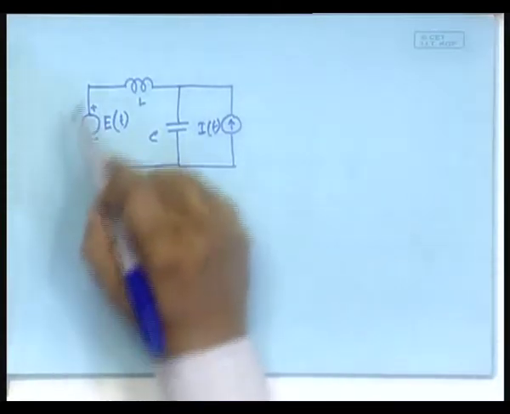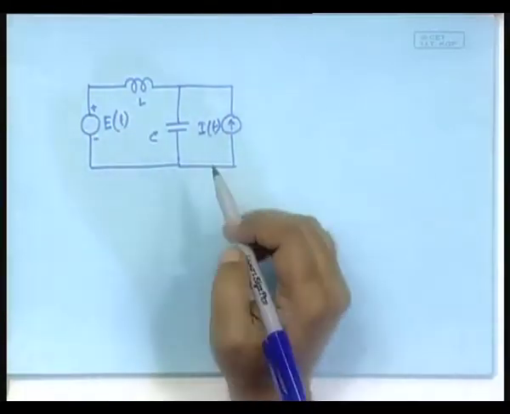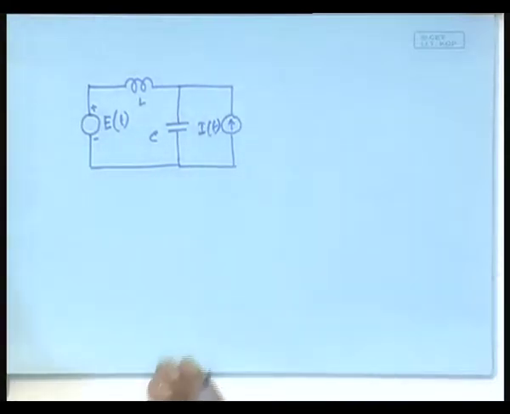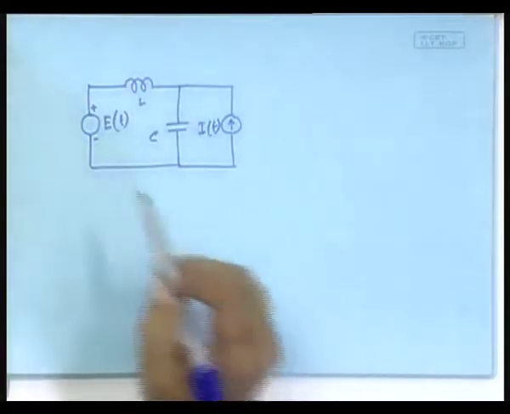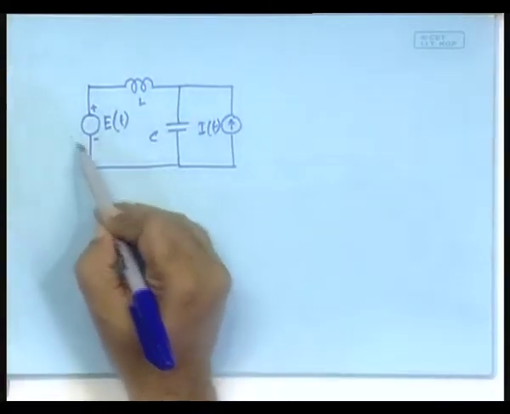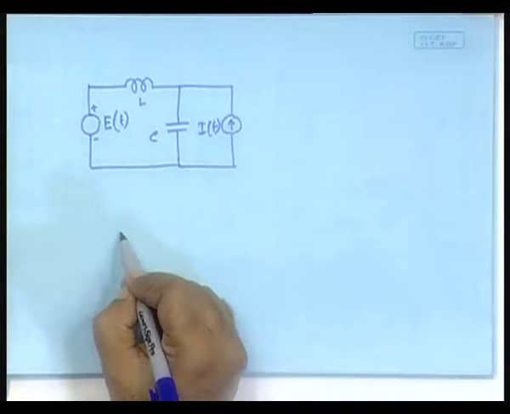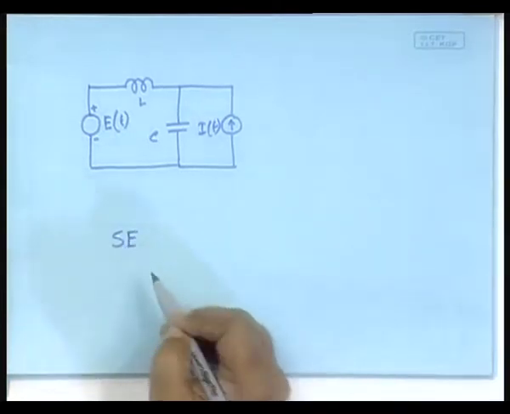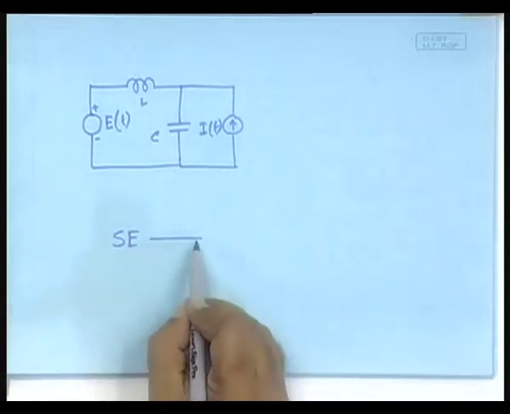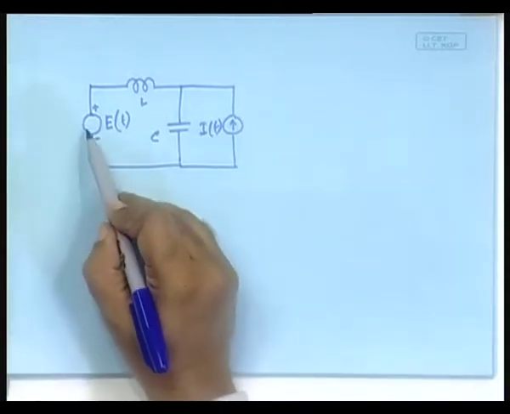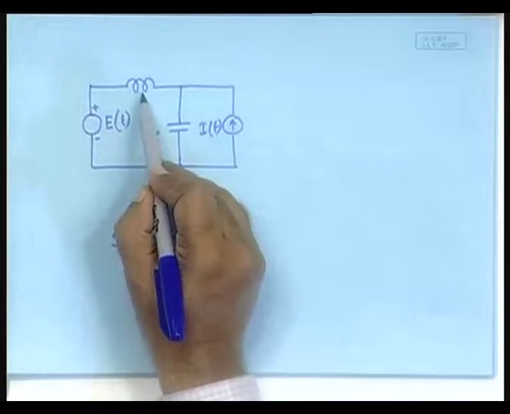So, it is slightly different, but let us start from one element and then go ahead to draw the bond graph. First, let us start with here. So, it is a SE element, SE connected to a bond. What is it connected to? Notice that it shares the same flow with this L element.